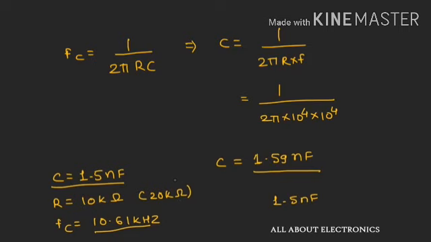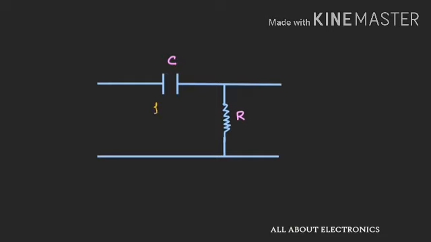Just by adjusting this pot, we will get an exact value of 10 kilohertz. So in our design, the value of capacitance should be 1.5 nanofarad, and instead of using a fixed value resistor, we will use a 20 kilo ohm potentiometer, and by adjusting the value of this potentiometer, we can get an exact cutoff frequency of 10 kilohertz.